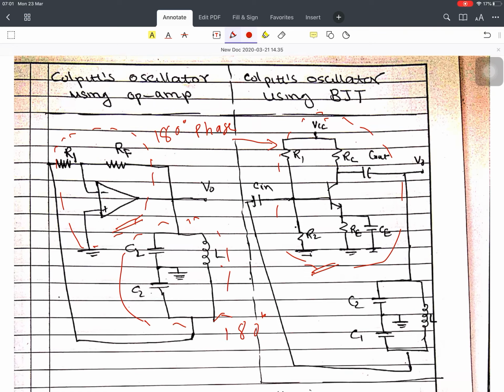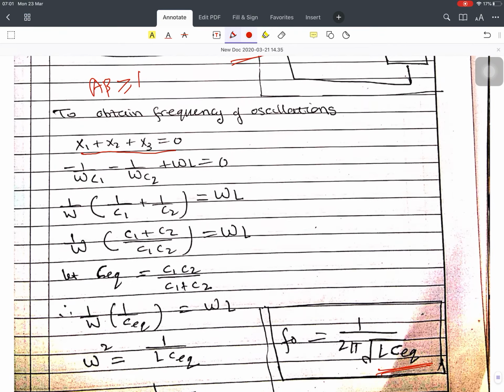So 180 plus 180 plus 180, a phase shift of 360 degree. Barkhausen's criteria is fulfilled. The gain criteria can be fulfilled by selecting RF as a potentiometer, or even RC can be taken as a potentiometer, to have the second criteria. This is A into beta greater than or equal to 1. Thank you.